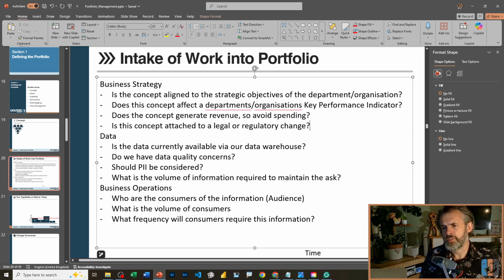We're asking questions of the operation, so who's going to be actually using the products that we produce? So is there a fourth area that we need to consider? I'm not sure at this point, but we can always come back.